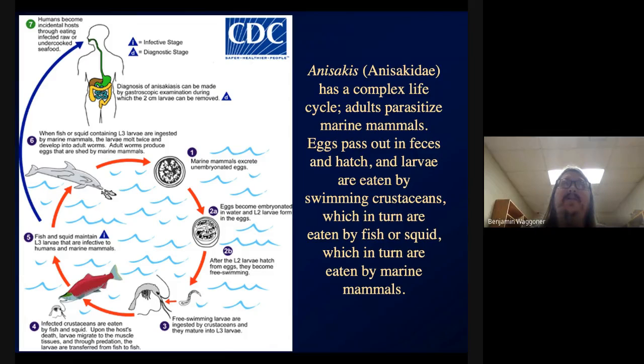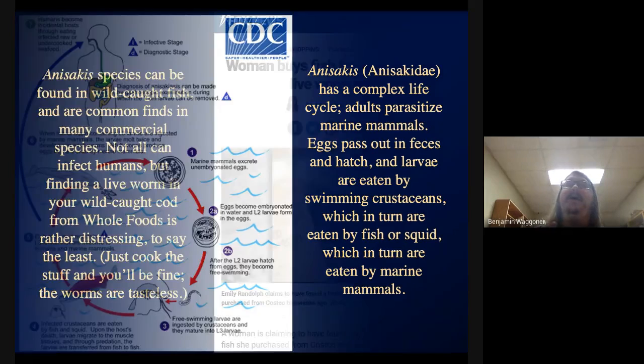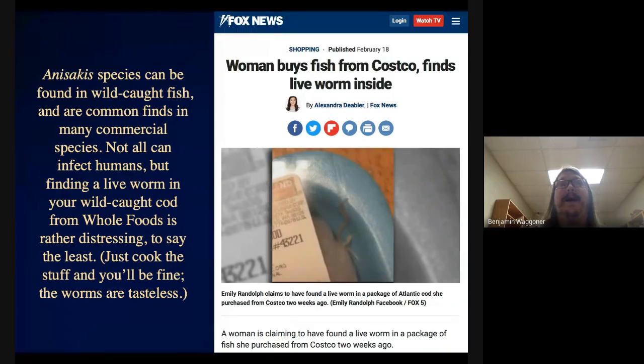I actually bought some cod one year for students to look at, and we didn't succeed in finding any worms. So your supermarket is probably safe. But every so often, somebody buys some fish and discovers that there's a live worm in it. I mentioned there's a number of videos on YouTube of local interest news stories where somebody buys very fresh fish from Costco or Whole Paycheck and a live worm pops out.